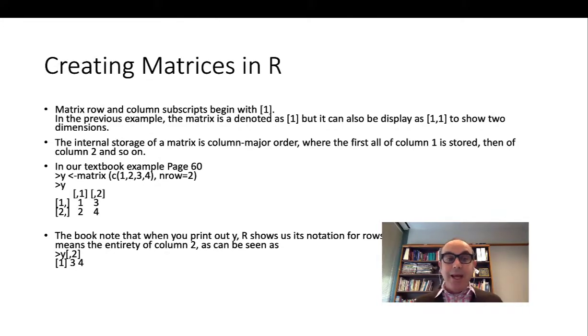So the idea here is, and again, I'm using the textbook on page 60, and in our textbook on page 60, we are talking about Y, and we are going to say it's a matrix, and we are going to sort it 1, 2, 3, and 4, and we are going to say it consists of a row with 2 columns.